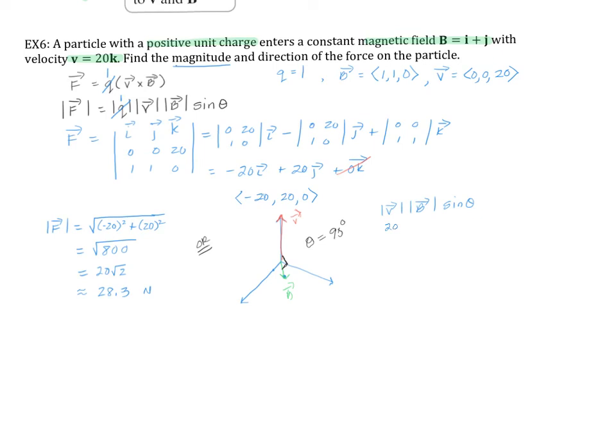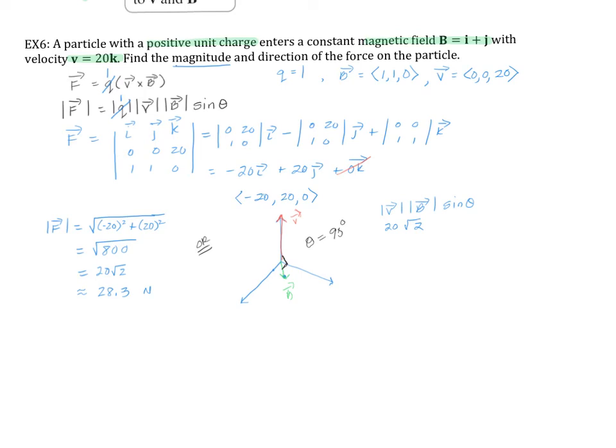The magnitude of b is the square root of 1 plus 1, which is the square root of 2. And sine of theta is sine of 90 degrees, which is simply 1. Notice that I got the exact same answer as I did when I computed the cross product and then took its magnitude. However, we're not done.